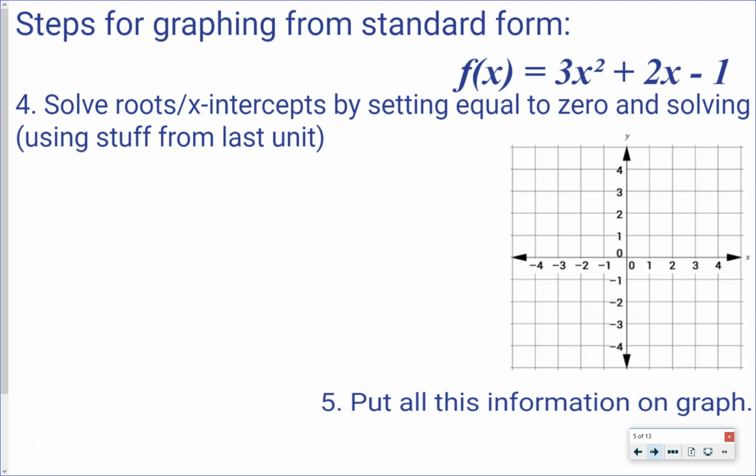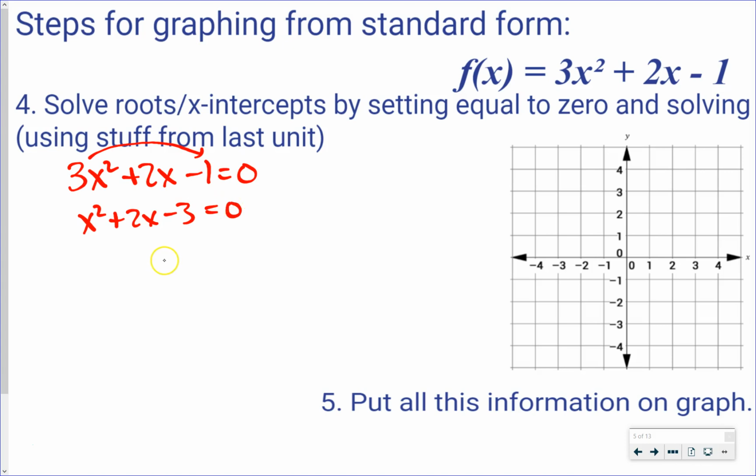So step 4 is solve for those roots. So we're gonna set it equal to 0 and solve. So we have 3x squared plus 2x minus 1 equals 0. All right, how are we going to do this? Slip and slide. All right, so we get x squared plus 2x minus 3.